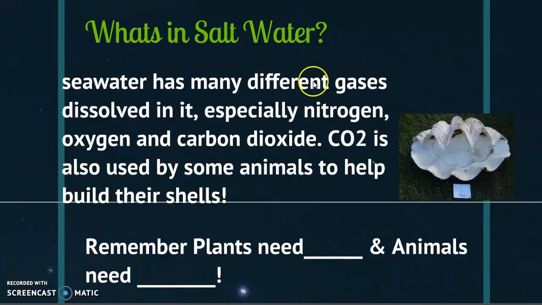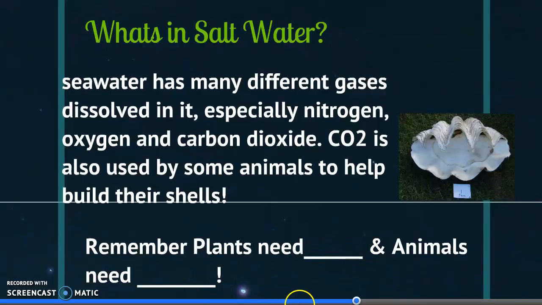Let me say it again. The colder the water, the more gas it can hold. And if there's more carbon dioxide in that water, the animals that grow shells can get bigger. Okay? So remember, plants need oxygen. Plants need carbon dioxide, animals need oxygen. That will go in those gaps there.